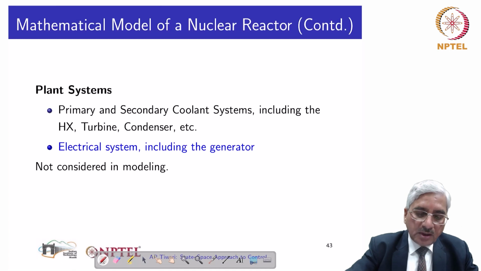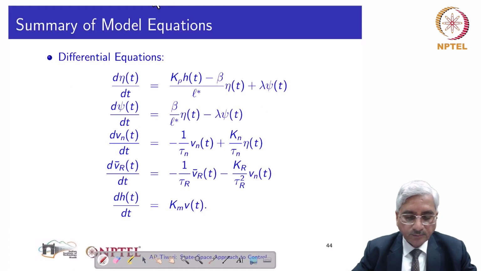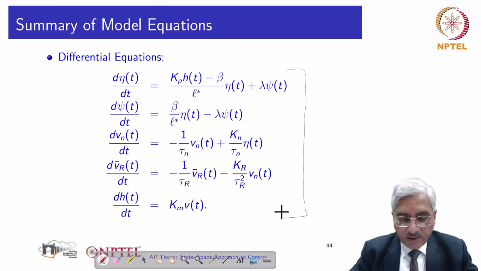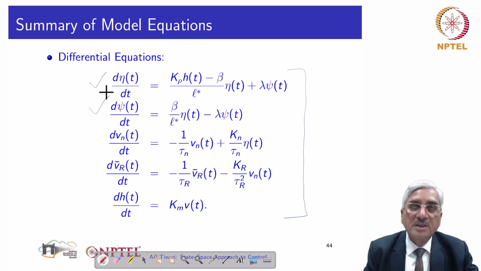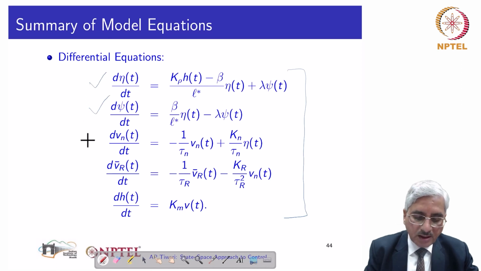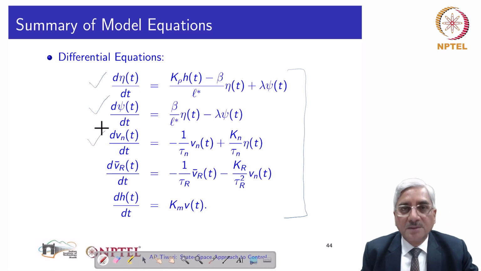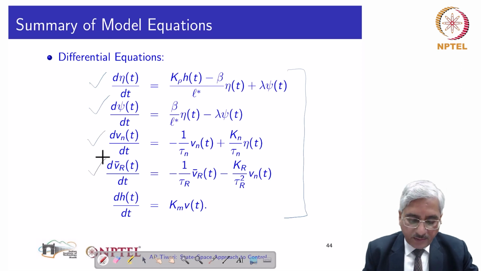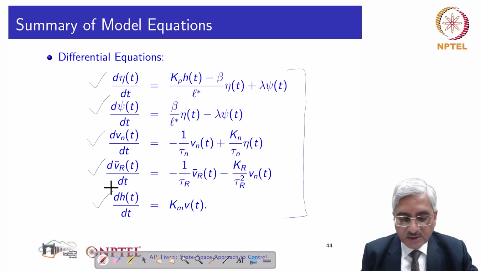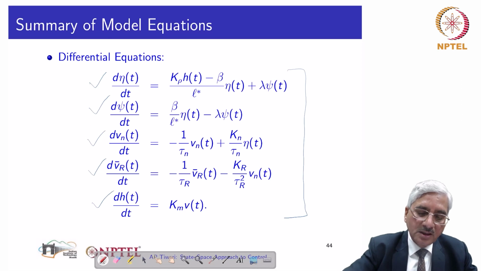Now with all this, these are the model equations we have at our hand. This is the rate of change of neutron density, rate of change of delayed neutron precursor concentration, rate of change of that linear voltage, rate of change of that differentiator output, and the rate of change of control rod position. These are the 5 equations we have. They are differential equations.